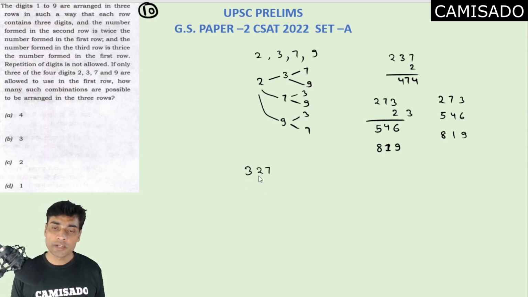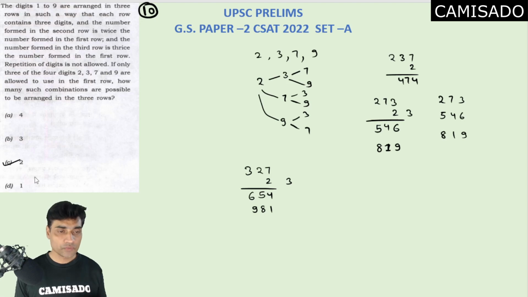When we multiply 327 by 2, you will get 14, and when you multiply by 3 you will get 981. So again 327, 654, 981, no digit is repeating, therefore the two numbers are possible. So the possible arrangements in which these conditions can be satisfied are only 2. So 2 will be the right answer here.